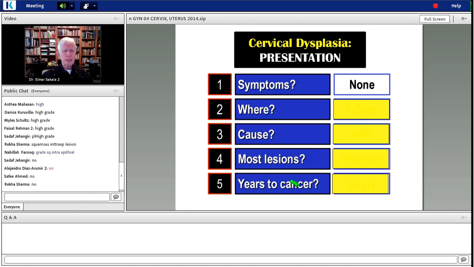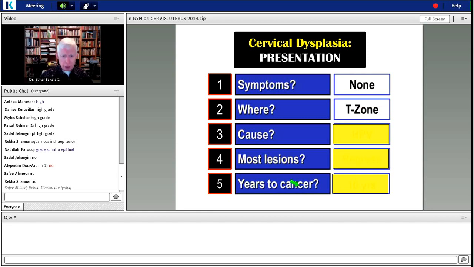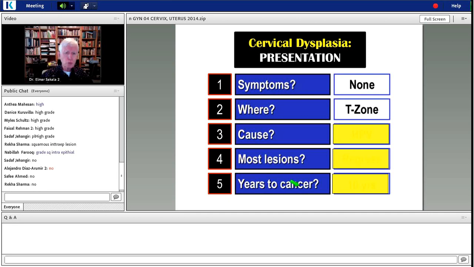And the fact is, usually none. Cervical dysplasia is a silent disease. No symptoms at all. Where do you typically find cervical dysplasia? We talked about this yesterday. The transformation zone. That's why when you do the pap smear, you need to be sure that you scrape the transformation zone, because that's where the most likely findings will come from.